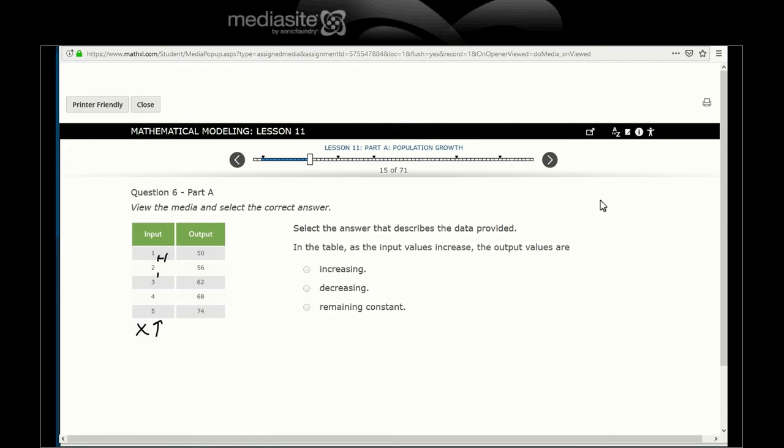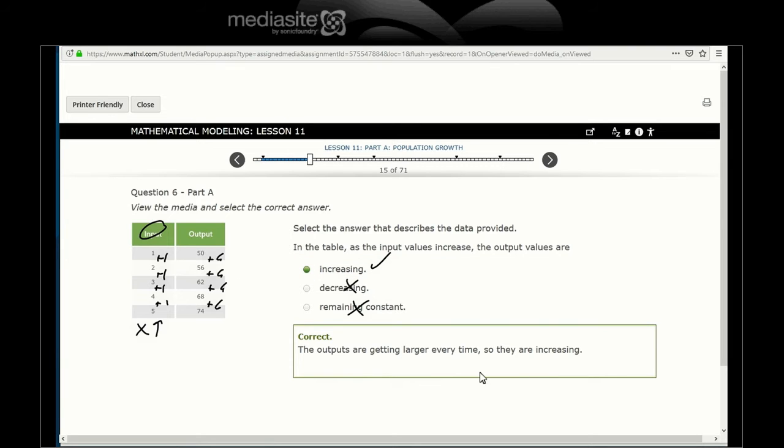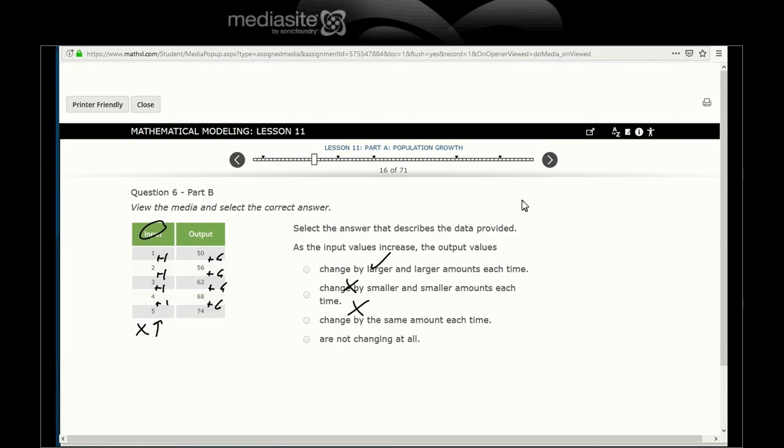Let's see. Plus 6, plus 6. Ooh, okay. Wow. Select the answer that describes the data. In the table, as x increases, the input, the output is increasing, not decreasing, and it's not constant.